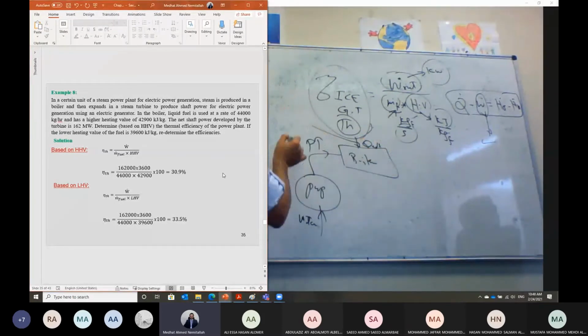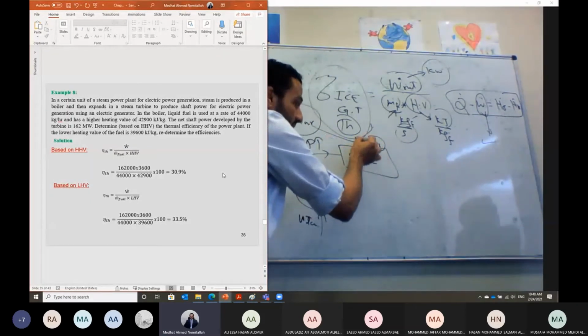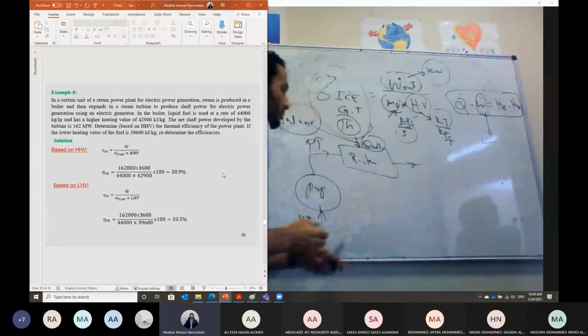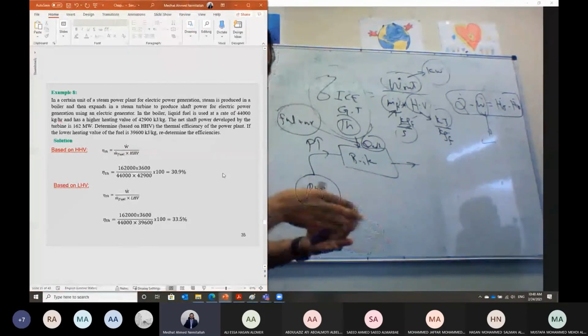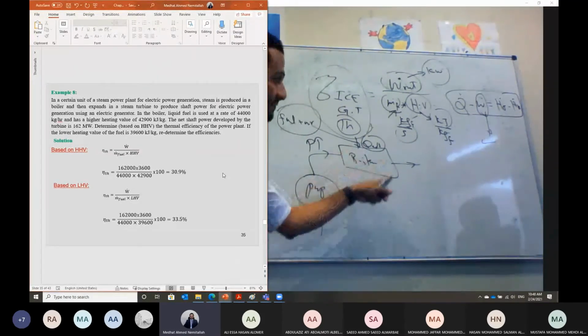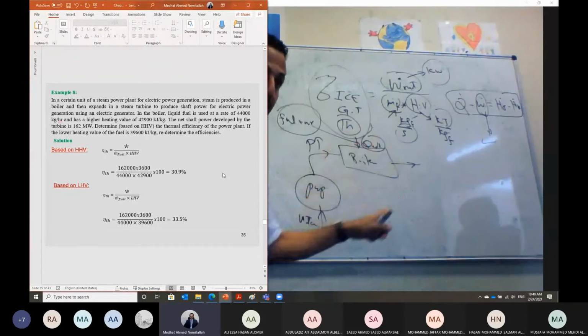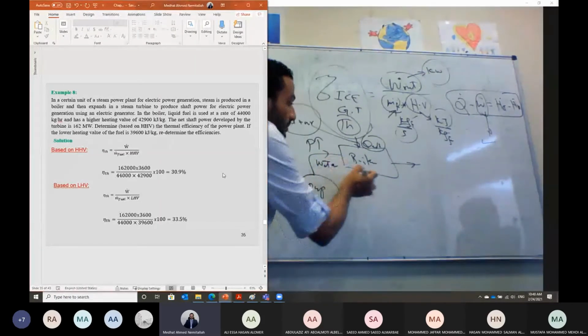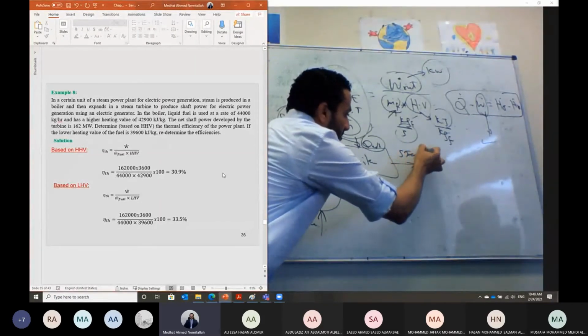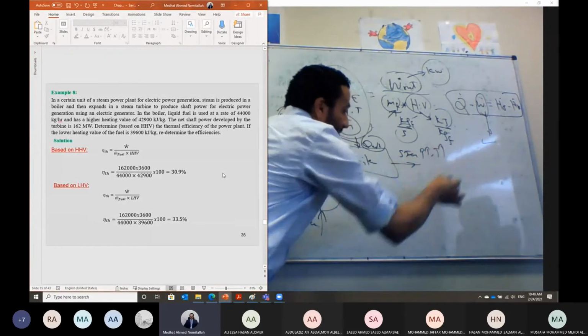So we burn the fuel plus air, then we generate heat. This heat will be absorbed by the flowing water. The boiler is a kind of heat exchanger. Water is passed inside the tube, and we have flame around, or the exhaust gases are around. Then this liquid water will be converted to steam under high pressure and high temperature.